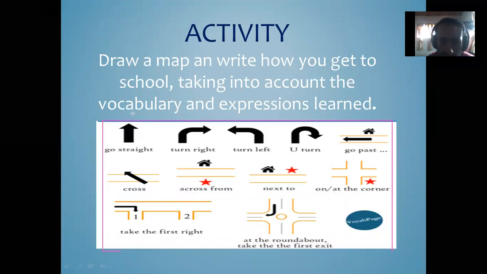Not only this, you can use other vocabulary that you have seen along the explanation for using in your homework or activity that consists in making a map and writing how to get to your school. You have to give indications for getting to your school.